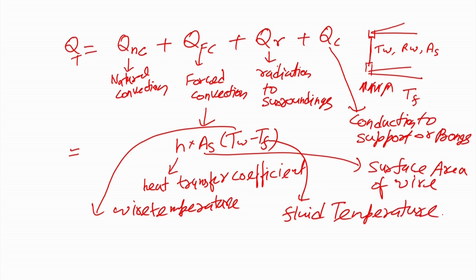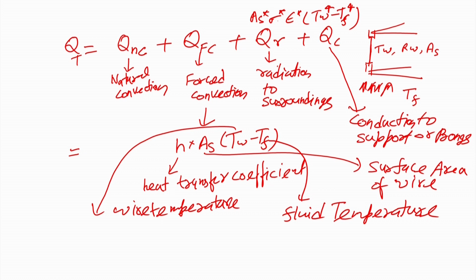Now, for radiation, we can use the Stefan-Boltzmann equation. So, it will be As times sigma times epsilon times Tw to the fourth minus Ta or Tf to the fourth. Here epsilon is the emissivity, sigma is the Stefan-Boltzmann constant, As is the surface area, and Tw and Ts are the temperatures.